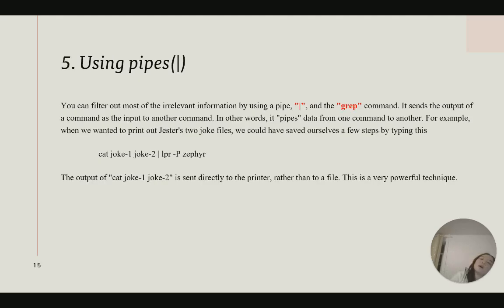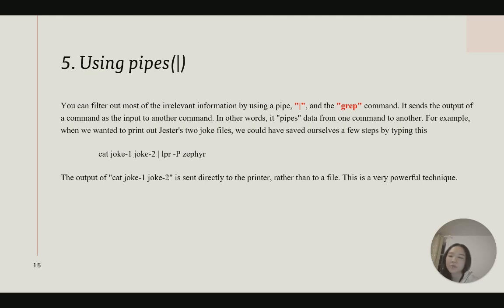By using a pipe and the grep command, you can filter out most of the irrelevant information. A pipe sends the output of one command as the input to another command. In other words, it pipes data from one command to another.